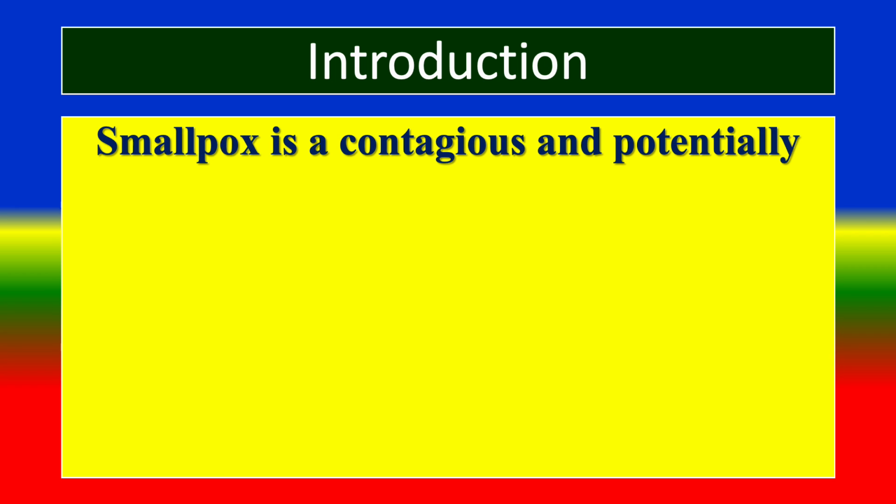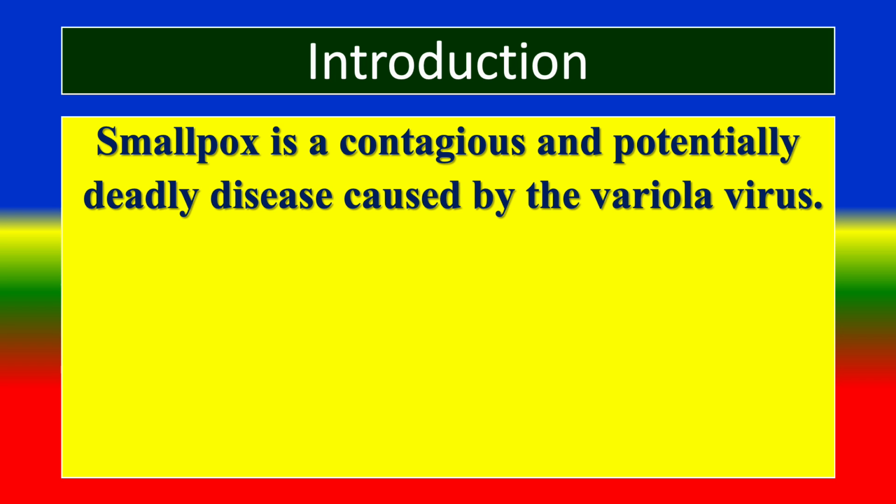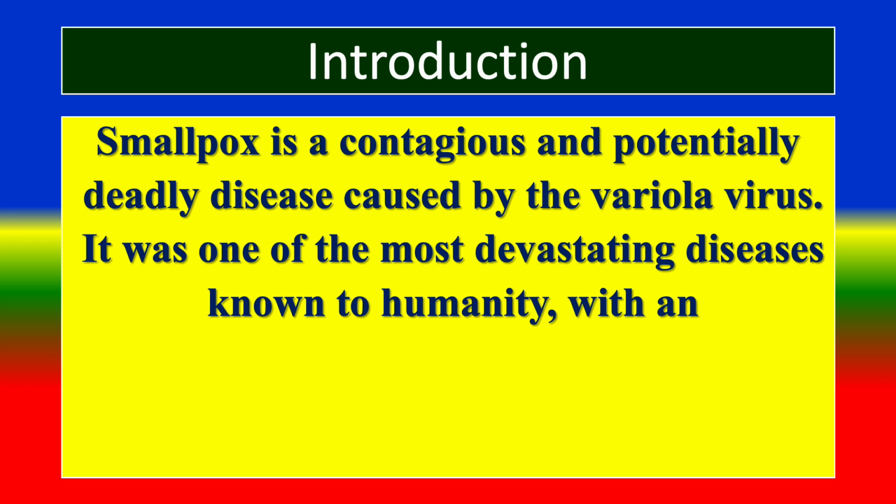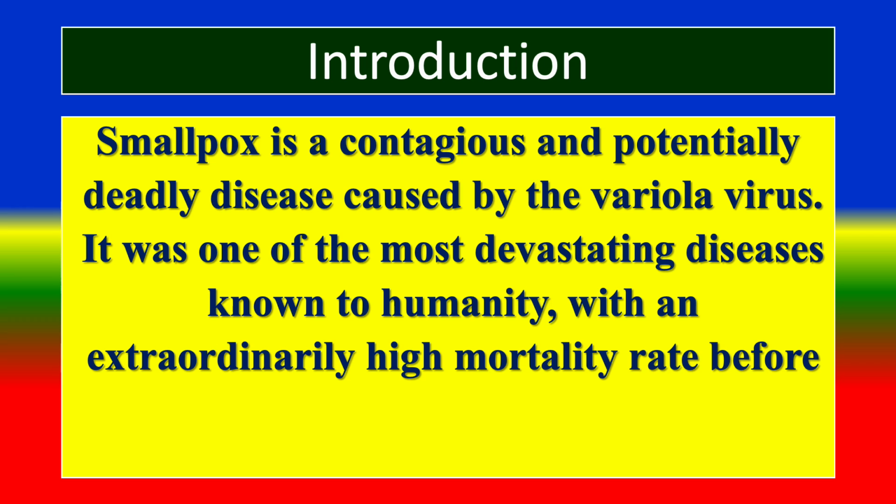Introduction. Smallpox is a contagious and potentially deadly disease caused by the variola virus. It was one of the most devastating diseases known to humanity, with an extraordinarily high mortality rate before it was eradicated.